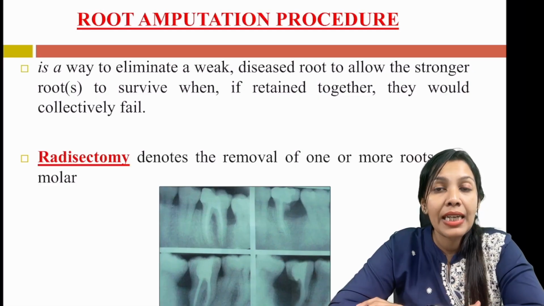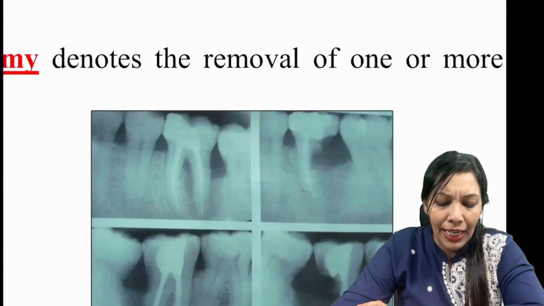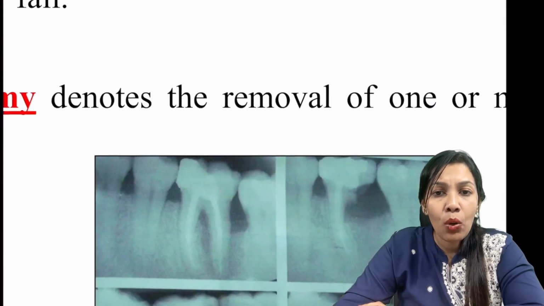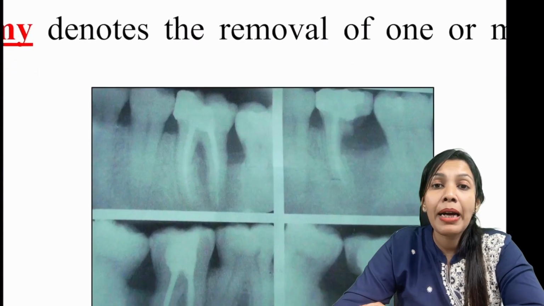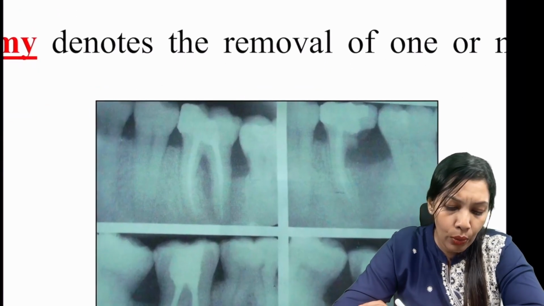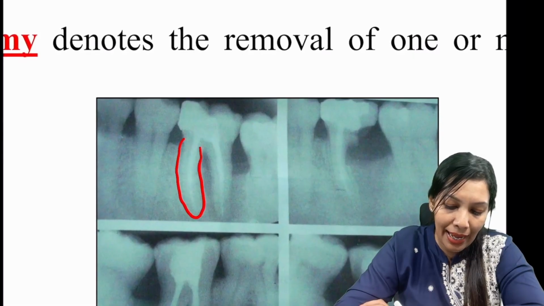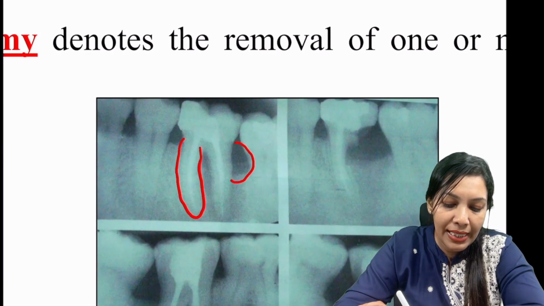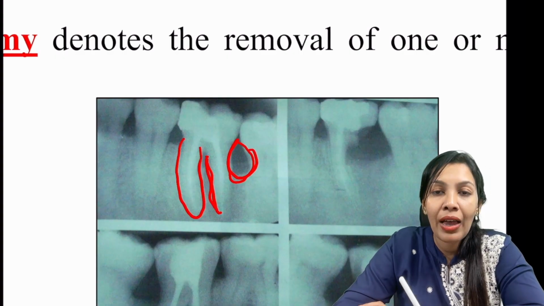Next procedure is root amputation. Why do we do root amputation? As you can see in these images, in most of the cases, sometimes there might be a single root that is intact, but this root is not intact. There is a large amount of bone loss here, close to the periapical area. So the prognosis of that root is bad.